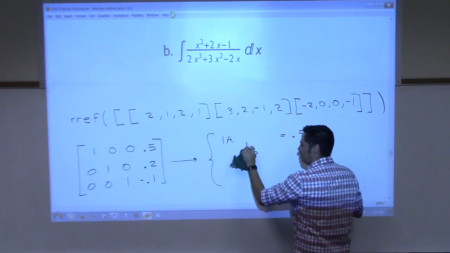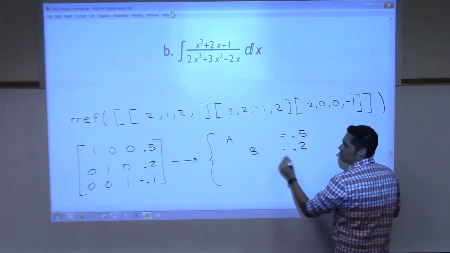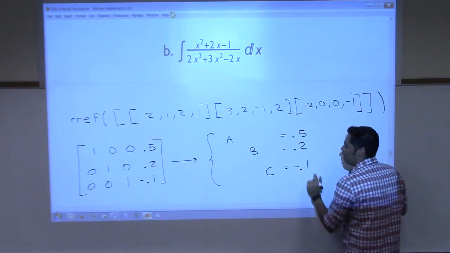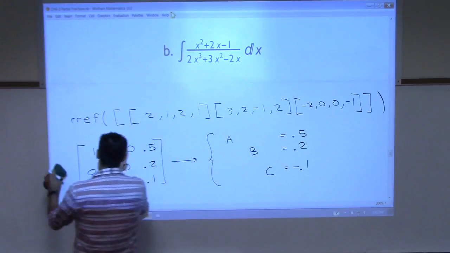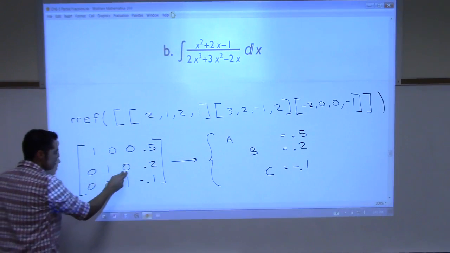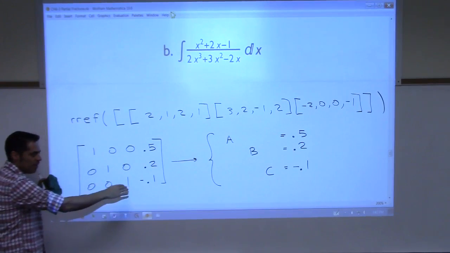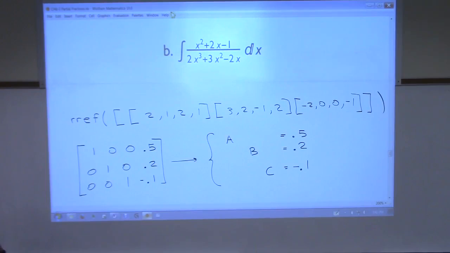Do I need to write the 1? No. B is equal to 0.2, and the last one would be C is negative 0.1. So this form that you see here, 1, 0, 0, 0, 1, 0, 0, 0, 1, is the echelon form that we're talking about, and the computer did all that for you.